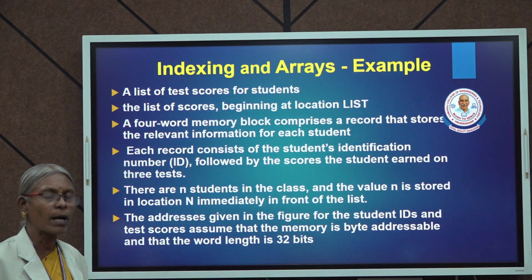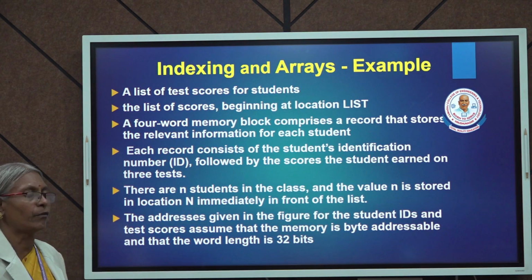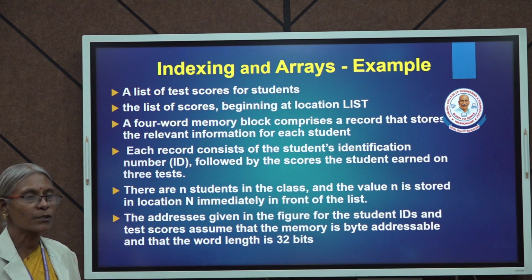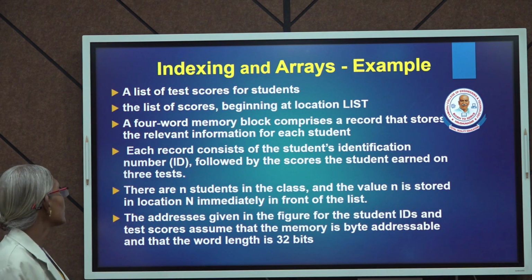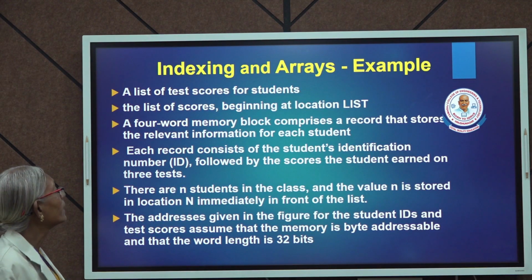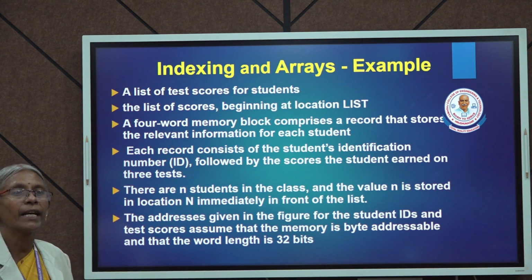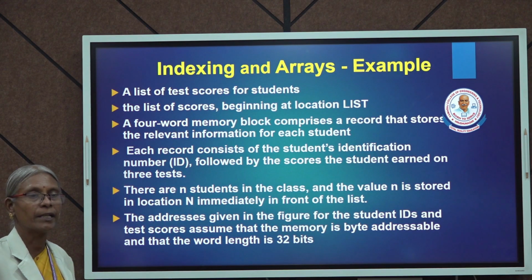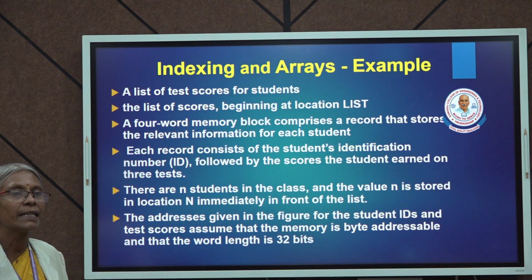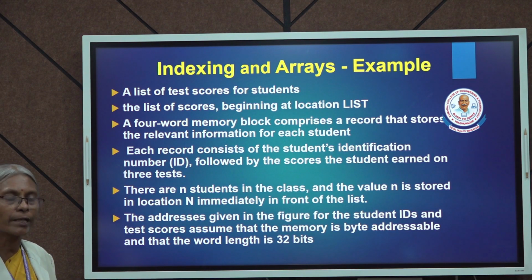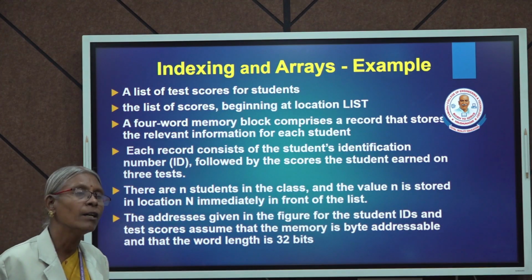So let us take one example from the real world. Let us take a list of test scores for students in a class. We have the data list of scores, and for each student there is a roll number. The beginning location is LIST, that is the symbolic name we are using. A forward memory block holds the data for one student.